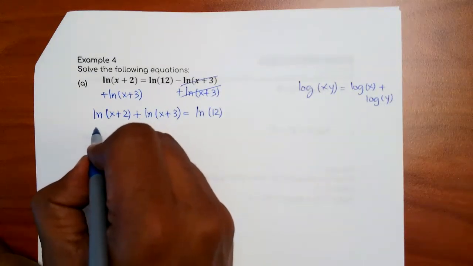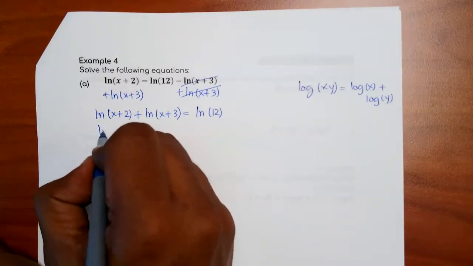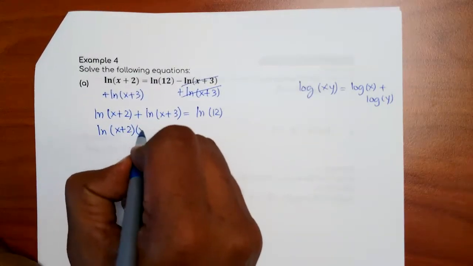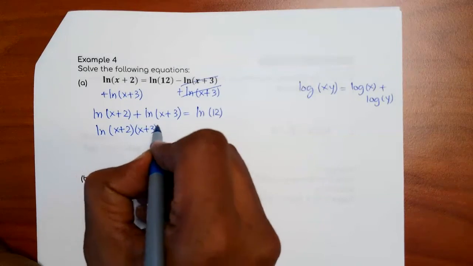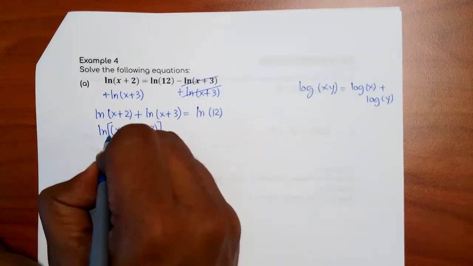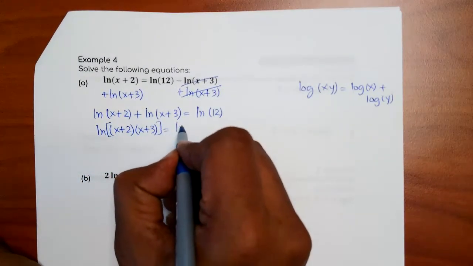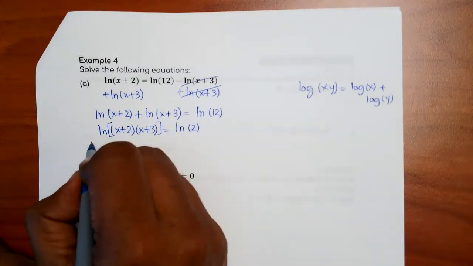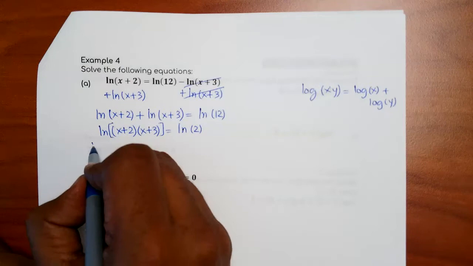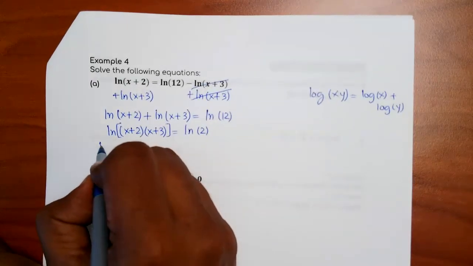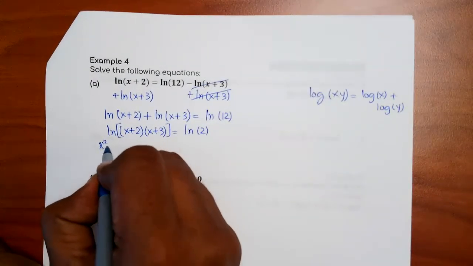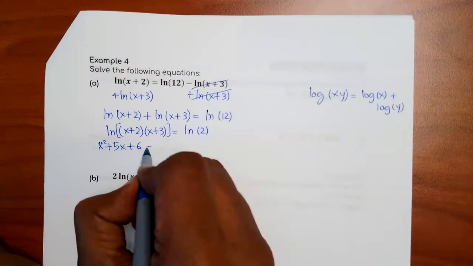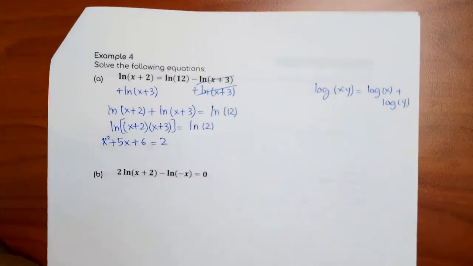Now join them together. So we'll have log of (x + 2)(x + 3), and we just leave it as log of 2, log natural. Then we can get rid of the log and we multiply these. So x squared plus 5x plus 6 is equal to 2.